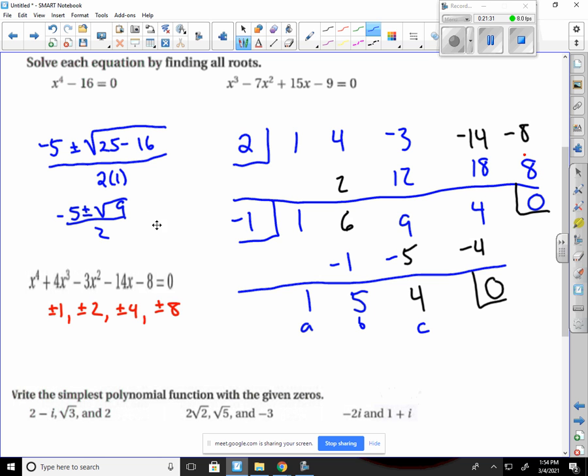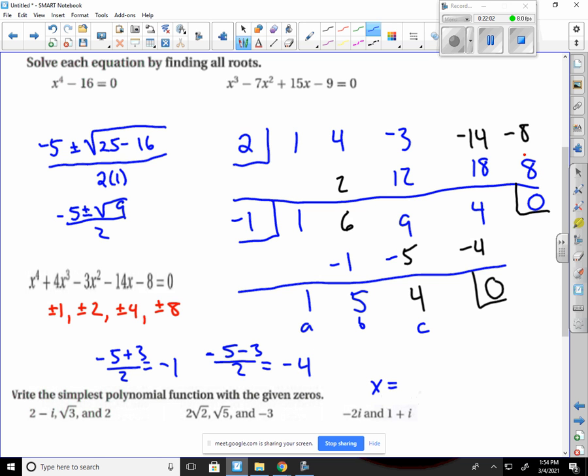So -5 plus 3 over 2 gives me -2 over 2. That's a -1. And you do -5 minus 3 over 2. -5 minus 3 is -8. -8 over 2 is -4.